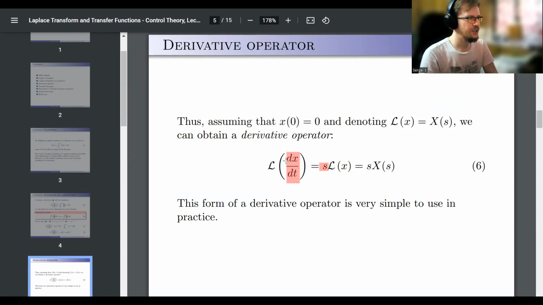The Laplace transform of a derivative is the Laplace transform of the function times s, and this is nicely illustrated here. So the Laplace transform of a derivative is s times X of s. If we have a dot somewhere, it becomes s. That's all.